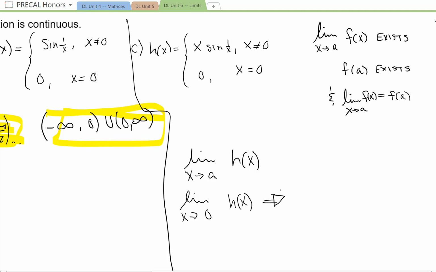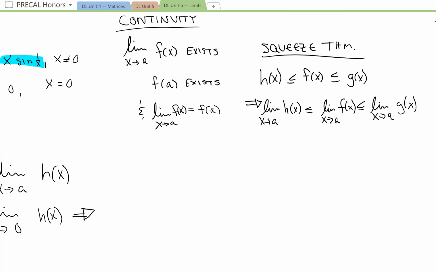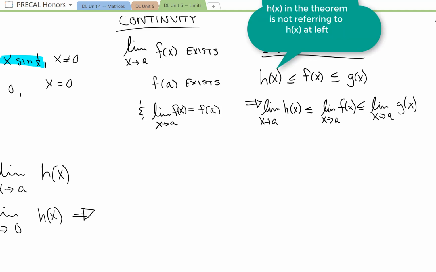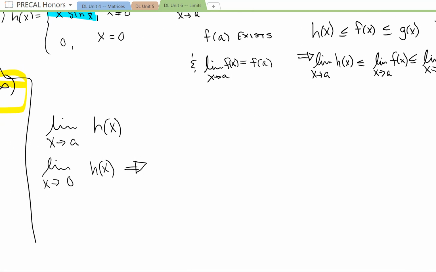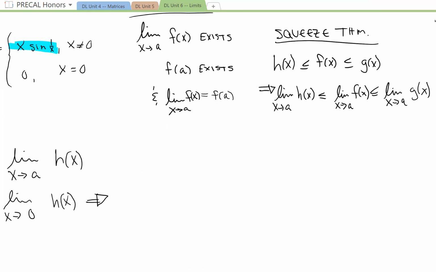How do I find the limit of x sine 1 over x? I'm going to use the squeeze theorem. If a function is between 2 other functions, then its limit is between the limits of the 2 other functions. If the limits of the 2 other functions are the same, then the limit of the middle function is that as well. So the limit as x approaches 0 of h of x, the function sine 1 over x is between -1 and 1.